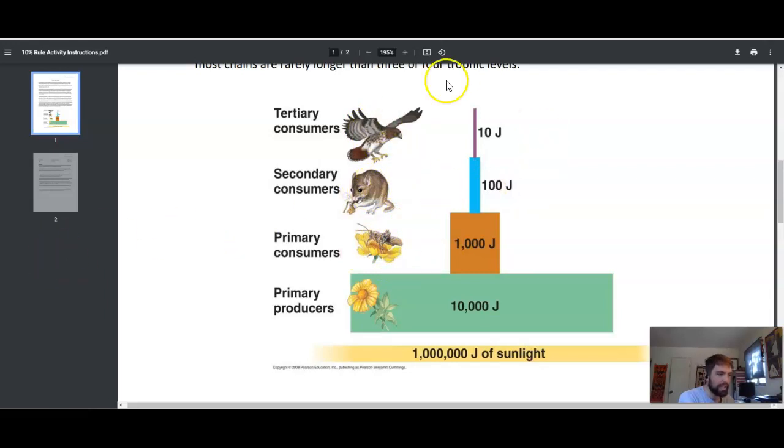So what does this make you think about as you try to answer the last questions in this video? What does that make you think if so much of the energy is lost, so that from the original energy of the primary producer, only 10 out of a million from the sunlight makes it to the predator, in this case the lion? Okay?